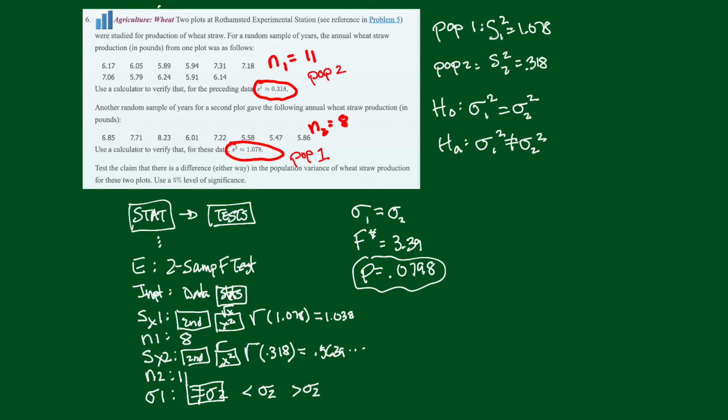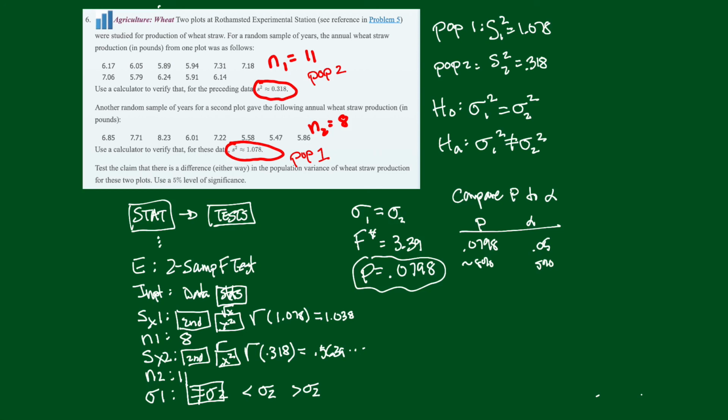Let's run the test. We're going to compare p to alpha. A little table is the way I do it. So p is 0.0798, or about 0.08, about 8%. Alpha, up here, they've told us to use the 0.05 level of significance, so we're going to run this at 0.05, about 5%.